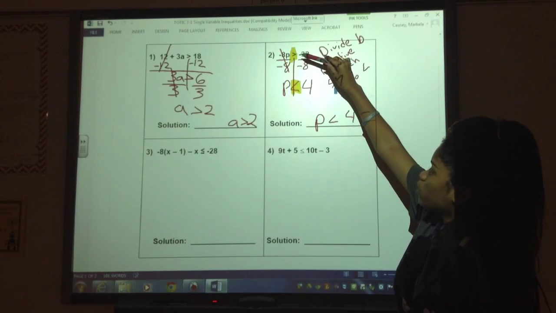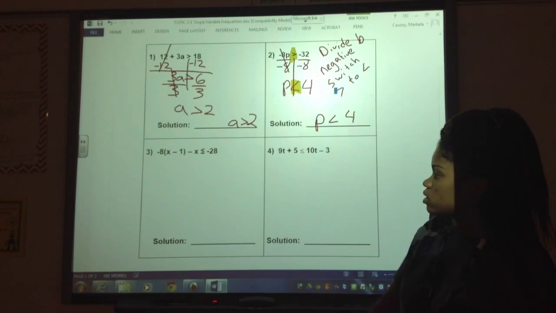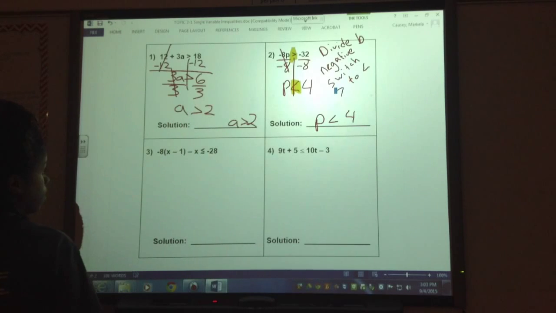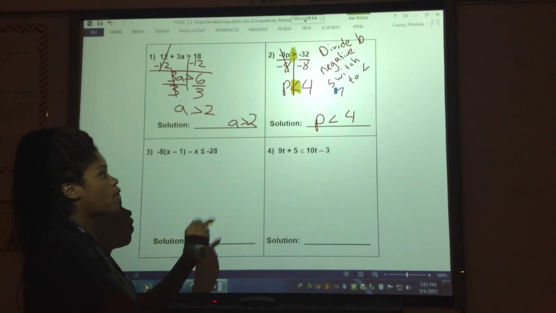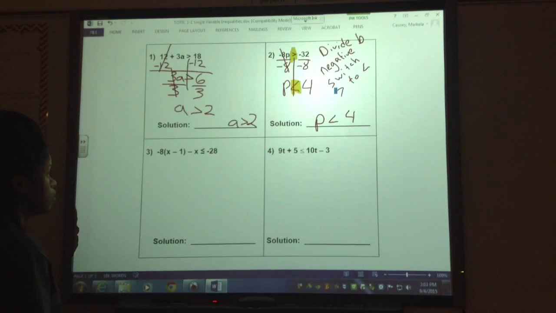So notice that it was a greater than, now it is a less than. So that's the biggest difference with inequalities. If you divide or multiply by a negative, you have to switch the symbol.